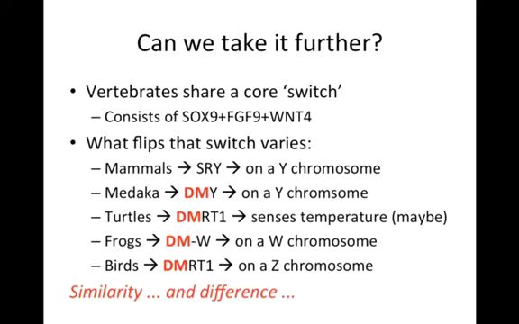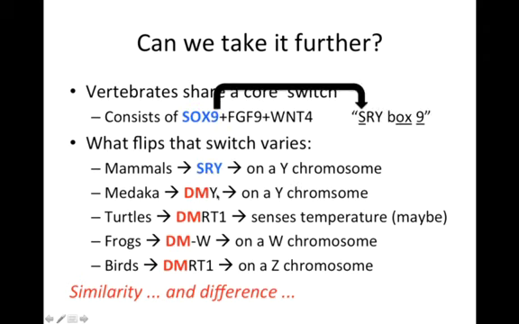So in this video, we're going to try to take this further and deeper in terms of our understanding, not just saying, okay, these genes do what we're told they do, but to understand why they do and why we see some similarities even amongst the differences. So the first thing you might have noticed is that a lot of these genes that are involved have the same DM in them.